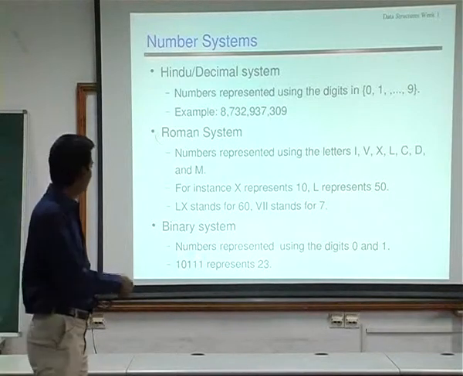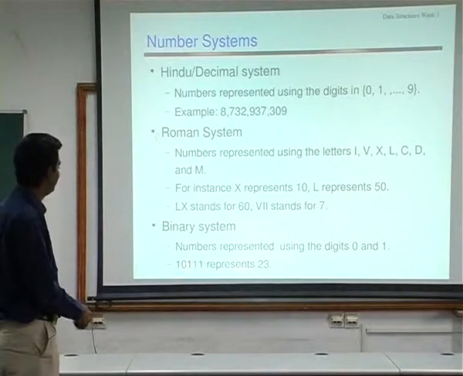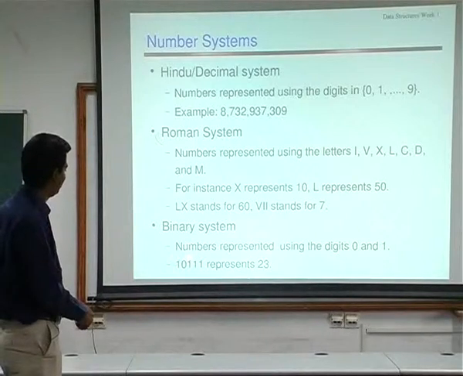So if you want to represent a number such as 23, then you would represent it as 10111 in the binary system. The reason for that is that if you add these weights along with the digits, this is 1 times 16, that is 16, plus 1 times 4, that is 4. So 16 plus 4 is 20. Similarly, this is a 2 and this is a 1.